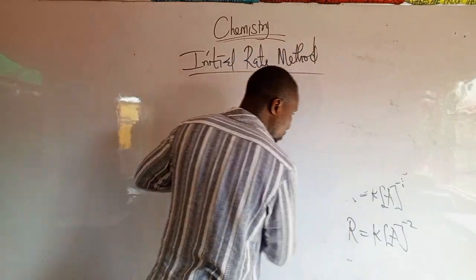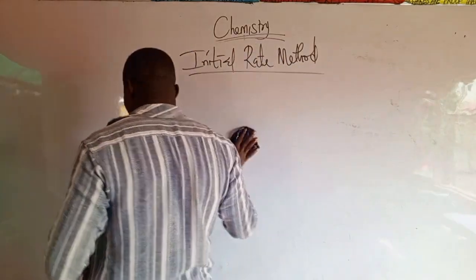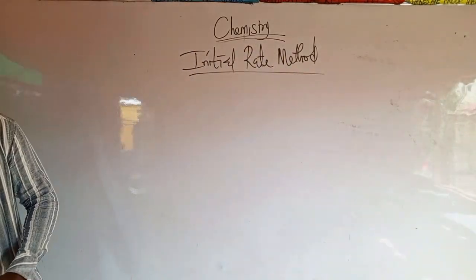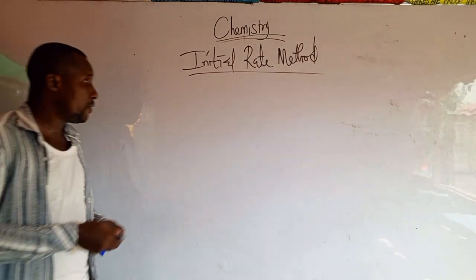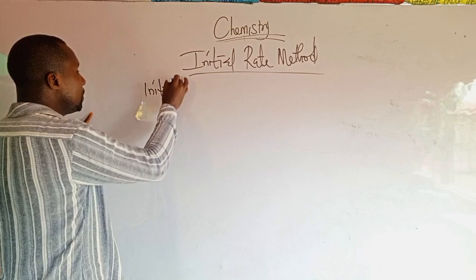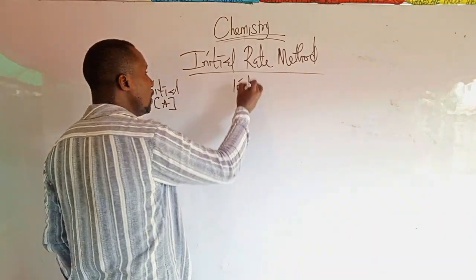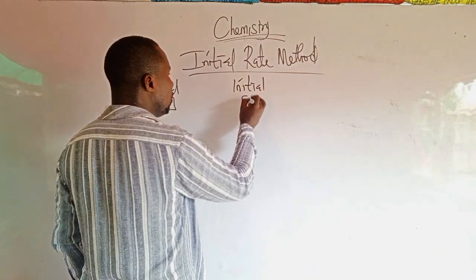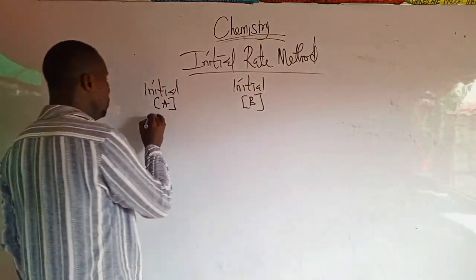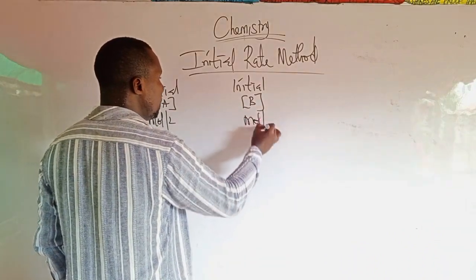Let's go to the first question under the initial rate method on how to determine order of reaction. For example, question 1: we have the initial concentration of A and the initial concentration of B, given in mole per liter.